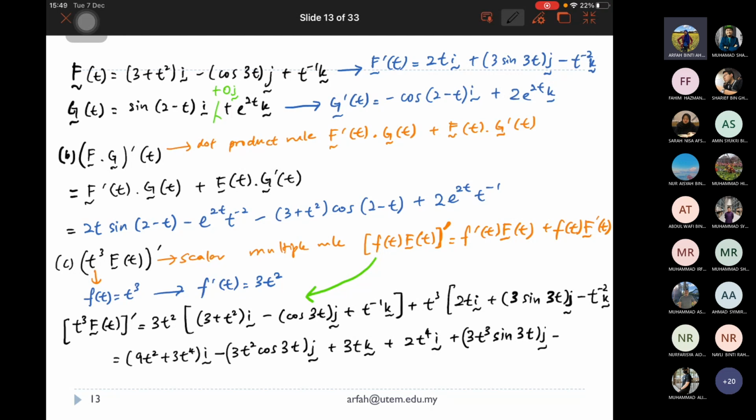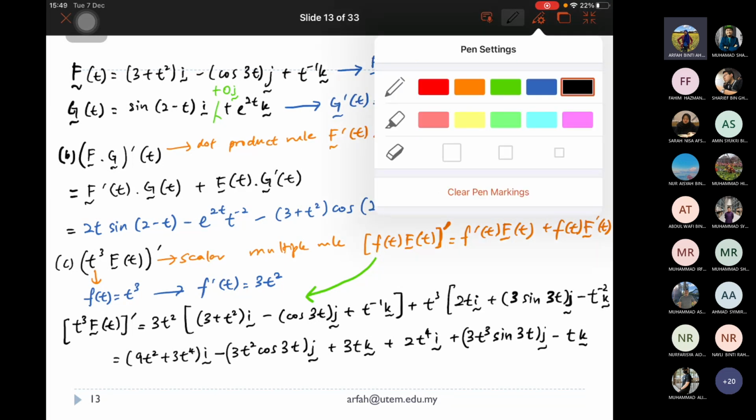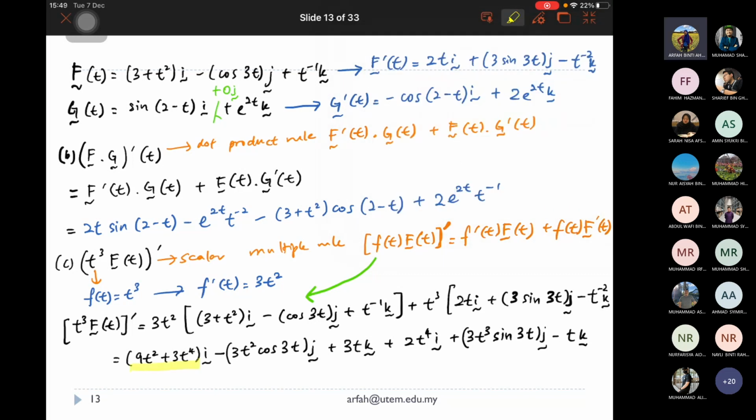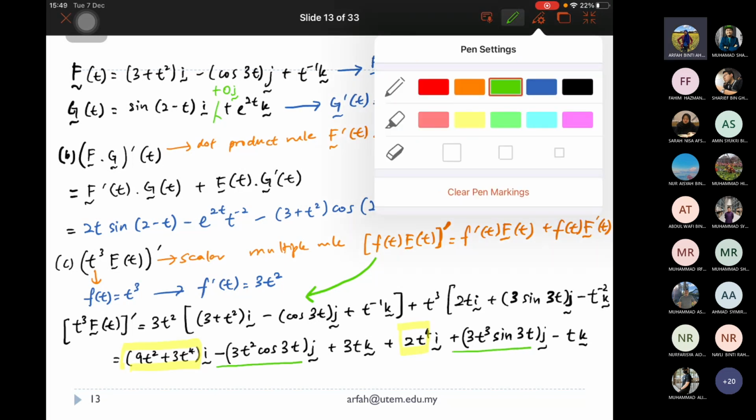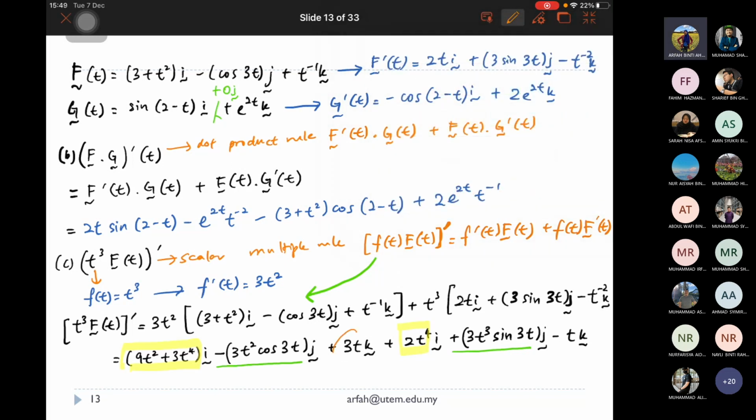So dia jadi tolak T K. Okay. So yang ini yang I settlekan dengan I. Okay, and then hijau ni awak settlekan dengan J. And then yang K, this one, 3T dengan minus T.